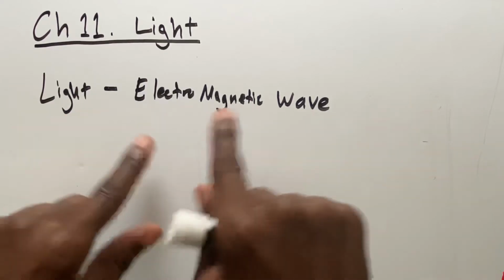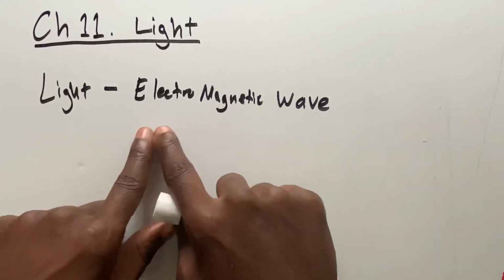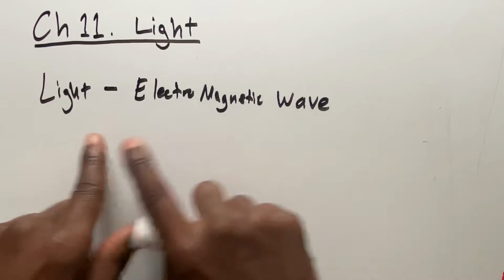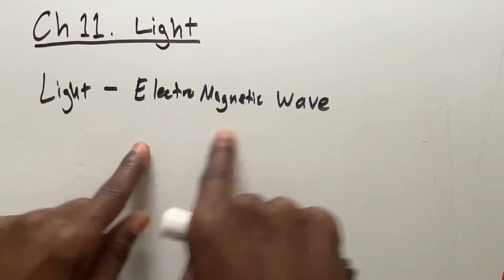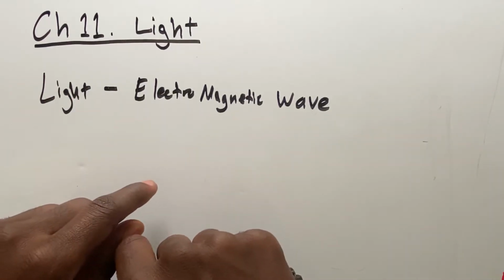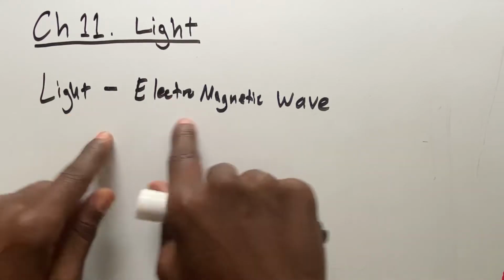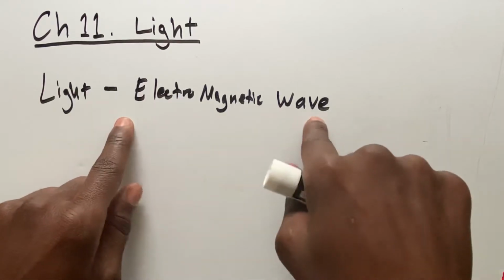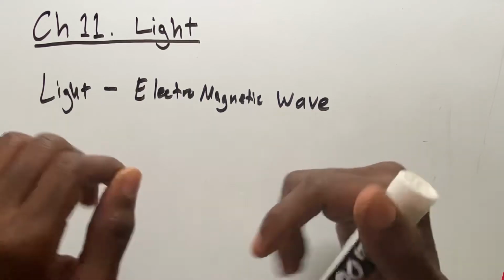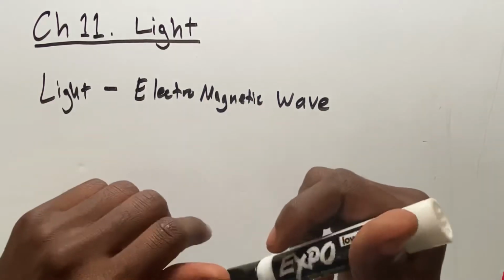And so these two words are basically interchangeable. If you have an electromagnetic wave, then you basically have light. If you have light, then you have an electromagnetic wave. And light is basically created, or electromagnetic waves are created, by vibrating electric charges.